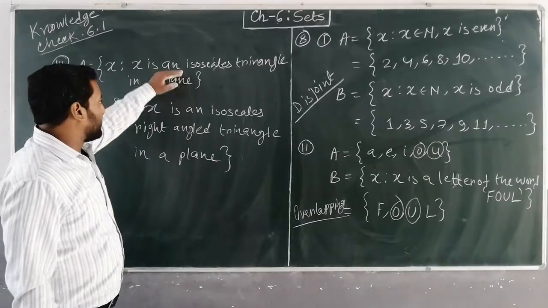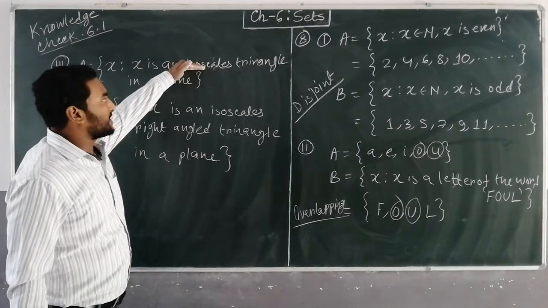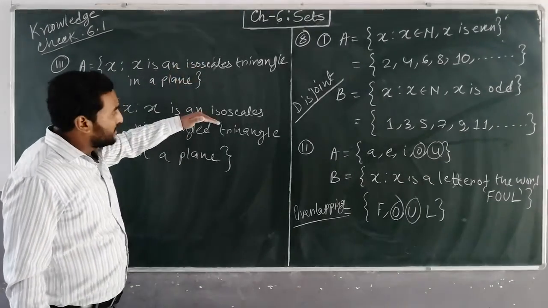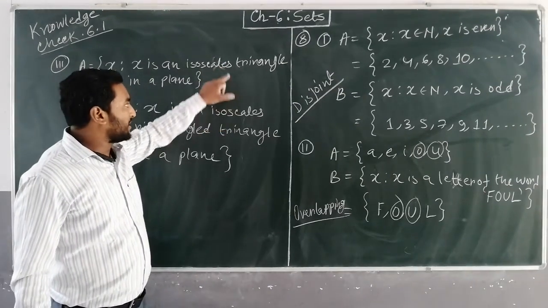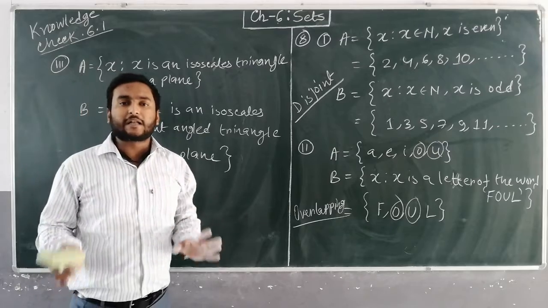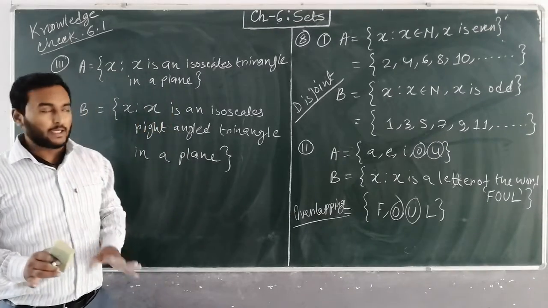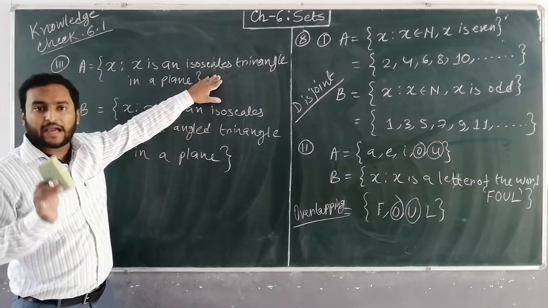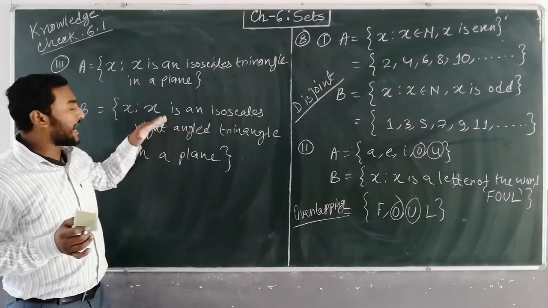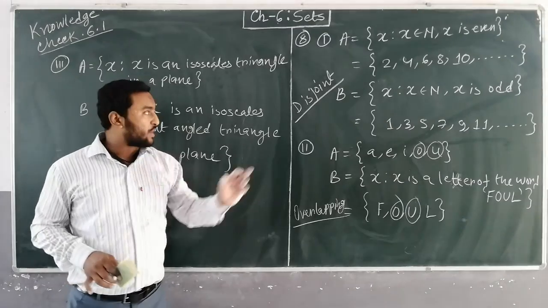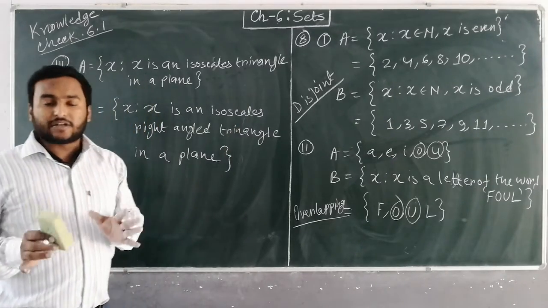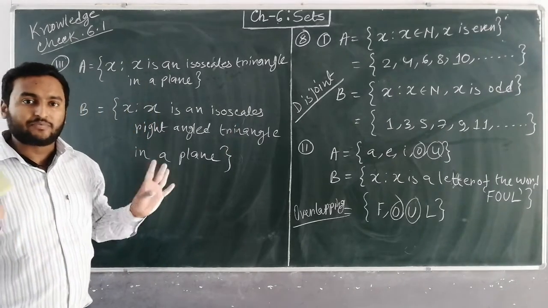Now see this, between these two sets: this is the set of isosceles triangles, and this is also a set of isosceles triangles. Both sets contain isosceles triangles, but here only isosceles is mentioned, and here it is right angle isosceles. So the isosceles part is common, because in both sets all the triangles will be isosceles, that is confirmed.